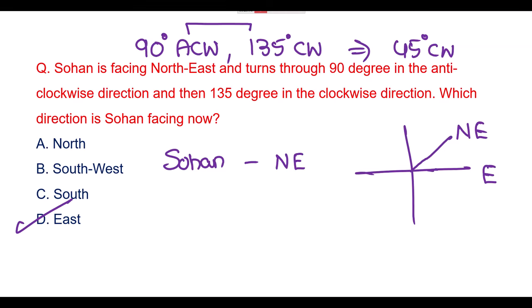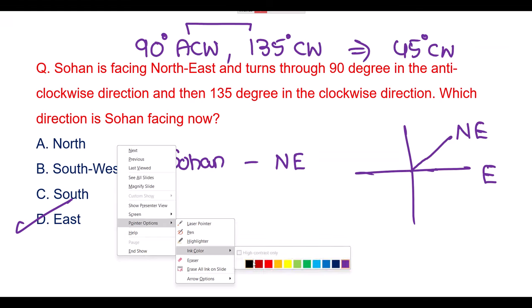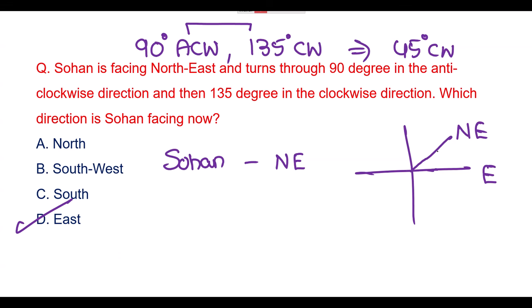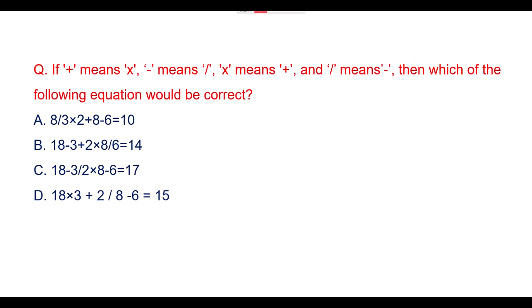You are going 135 front and we are coming 90 back. So you are only 45 gap. So that's what you have to understand. So 45 degrees clockwise. From northeast, 45 degrees going clockwise, east will come into picture. Clear? Let's see about next one then.